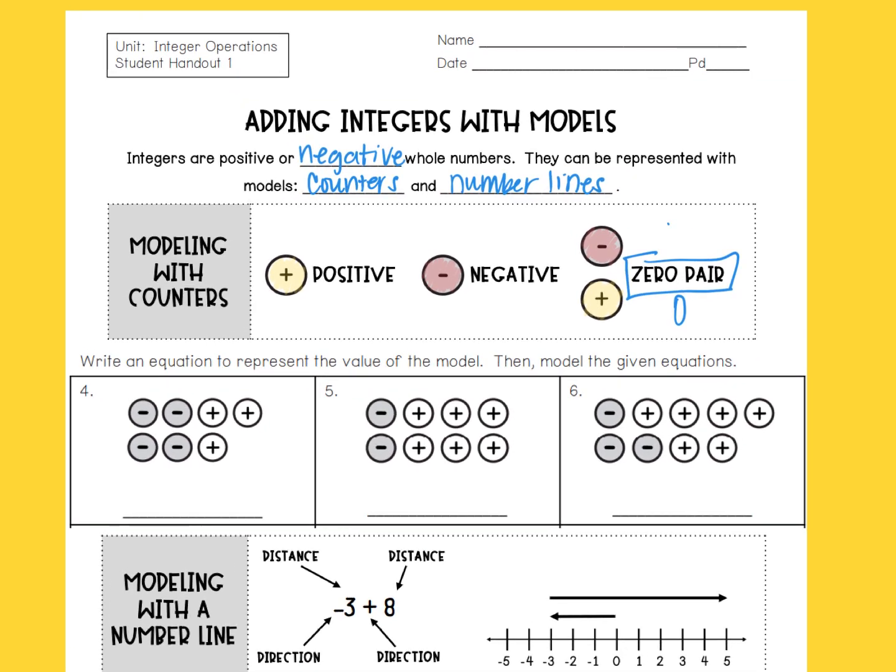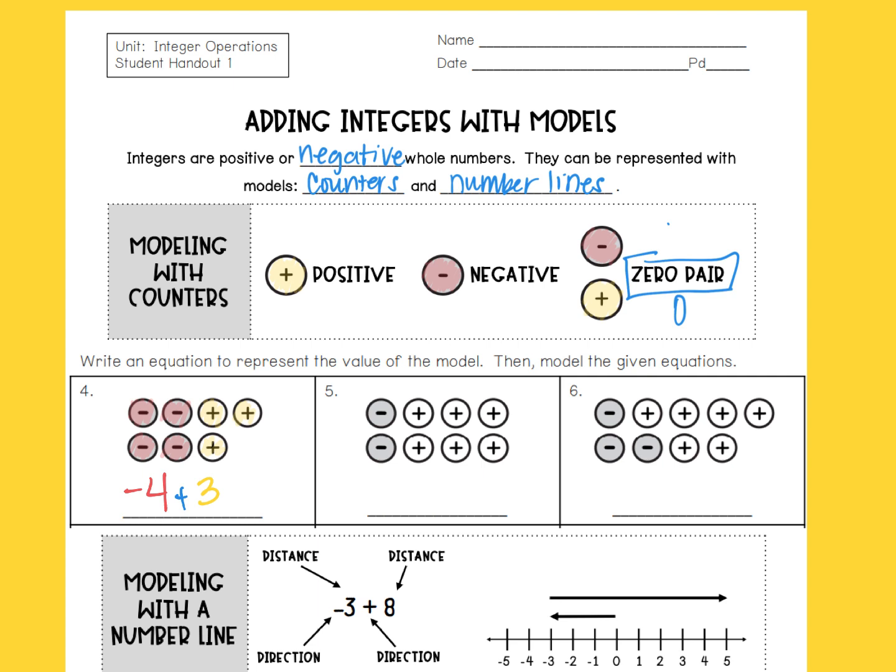So in number 4, in our first example, we want to write an equation that represents the value of the model given. In our model, we have 4 negatives and 3 positives. So we have negative 4 plus 3. Here, we have to make our 0 pairs.